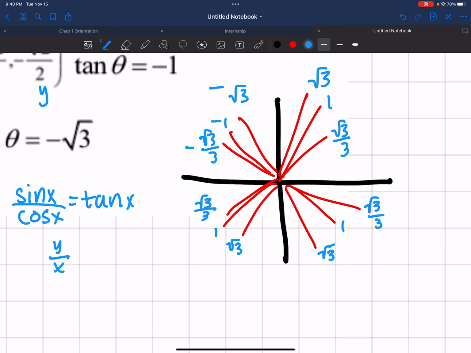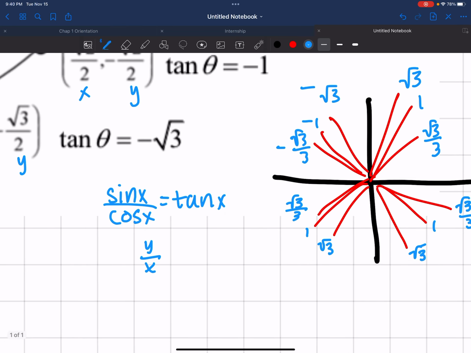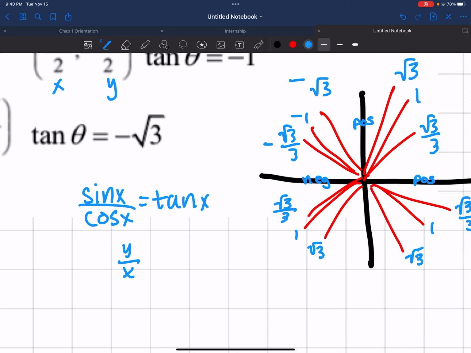If you think about it, all of down here, these are negative y values, and this right here is positive. So if you're dividing a negative by another negative, you're going to get a positive.